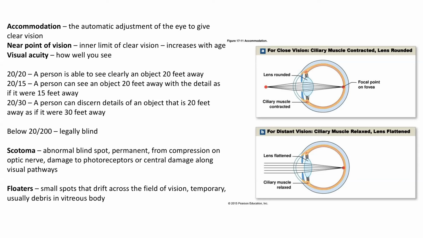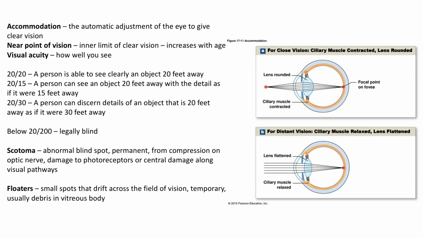When you have the denominator lower, like 20/15, a person can see an object at 20 feet with the detail as if it were at 15 feet. So they see better.